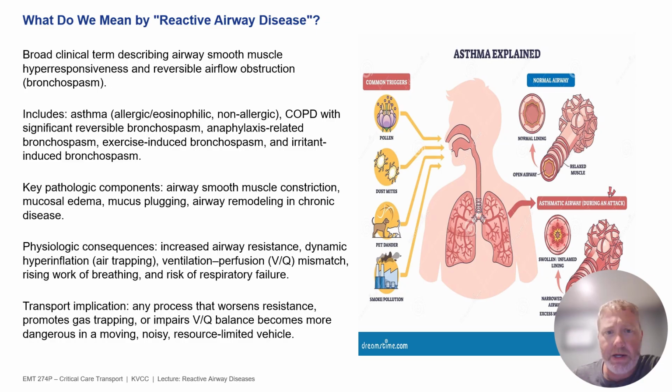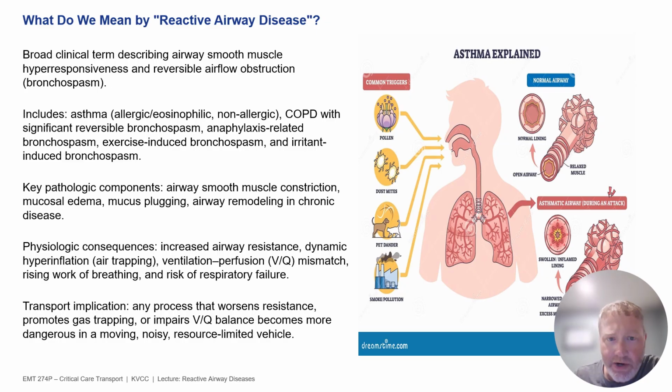The three main pathologic components are airway smooth muscle constriction, mucosal edema and inflammation, and mucus plugging. So that's kind of four, but the mucosal edema and inflammation go hand in hand. Together, these reduce the luminal diameter of the airways, they increase resistance, and they trap air distally.